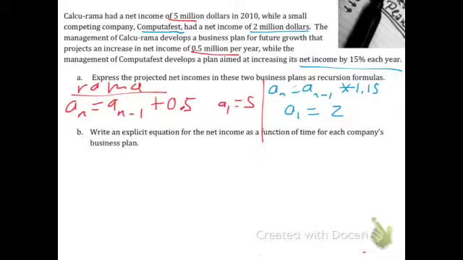Part B, we need to write the explicit. Since I'm already in blue, let's get the Computafest one done. Since it's a geometric one where you're timesing by a number every time, it's going to look like the geometric explicit function form, which we've been using for a while. So 2 times 1.15 to the n minus 1 power.